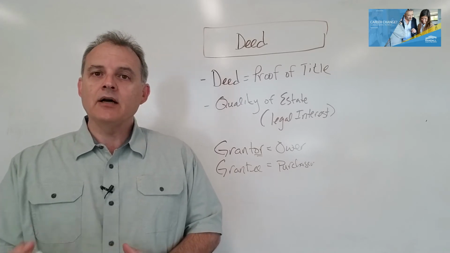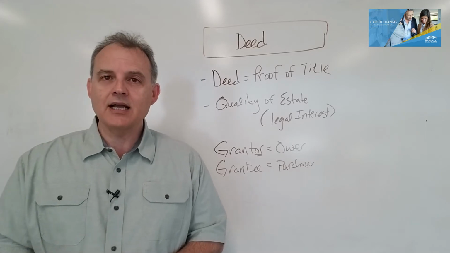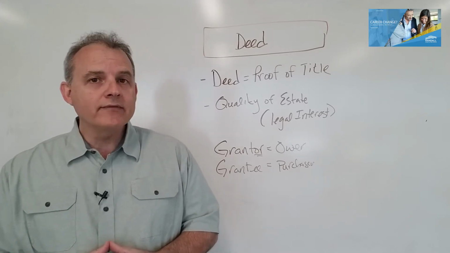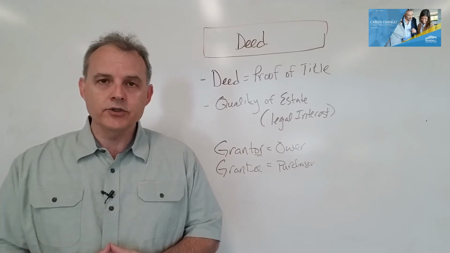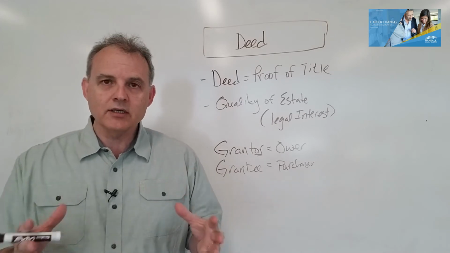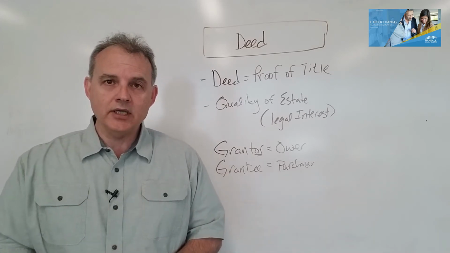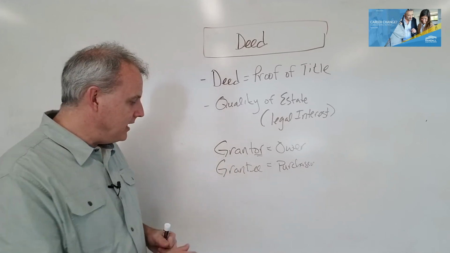So if somebody else makes claim to it, let's say a foreclosure or foreclosure on a tax deed or anything, it protects your interest. They have to notify you before they can proceed with a foreclosure or whatever the case may be. It's called constructive notice. We give constructive notice to the world of your legal interest in that property. All right?